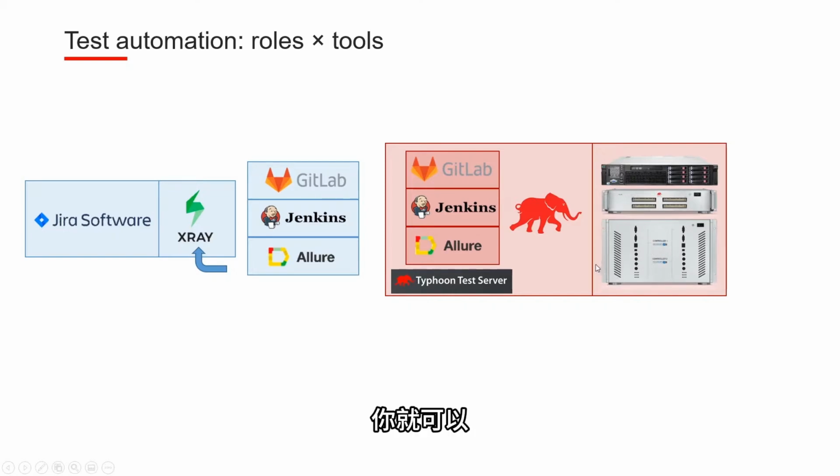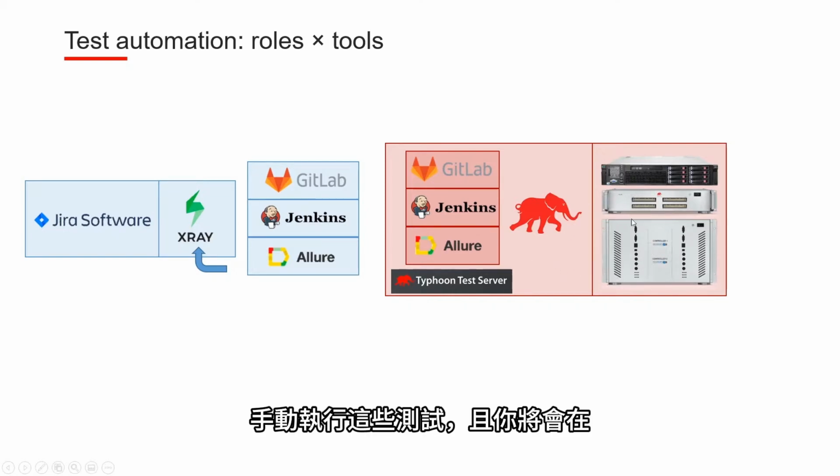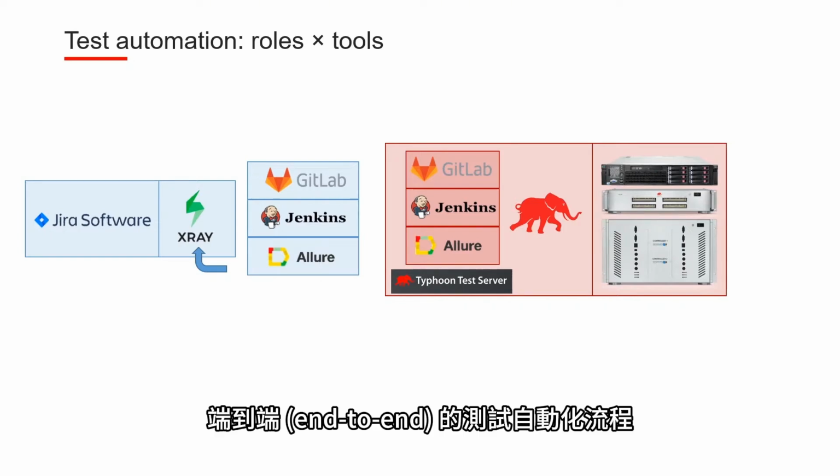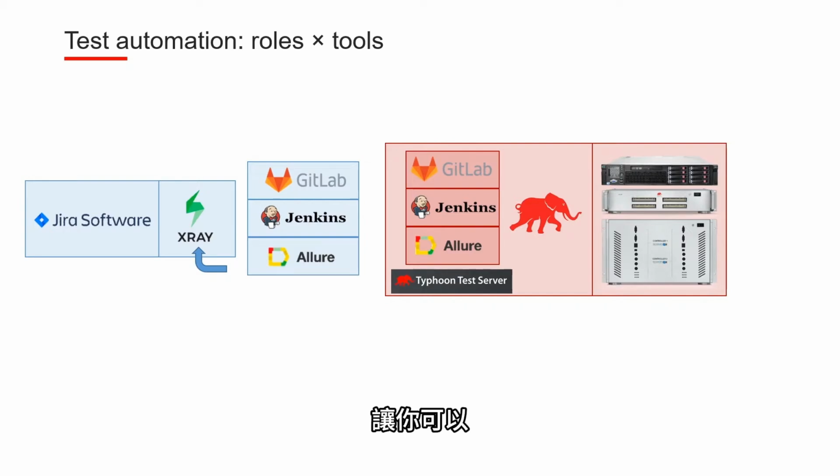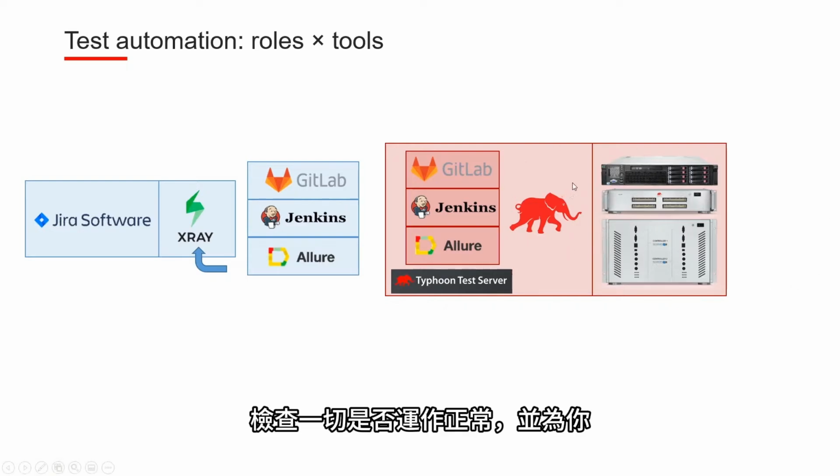You can run those manually, and you are going to have the results only on your machine. But the idea here is to have end-to-end test automation where you can make changes to the code and it automatically runs checks to see if everything is okay, and you have the reports available.